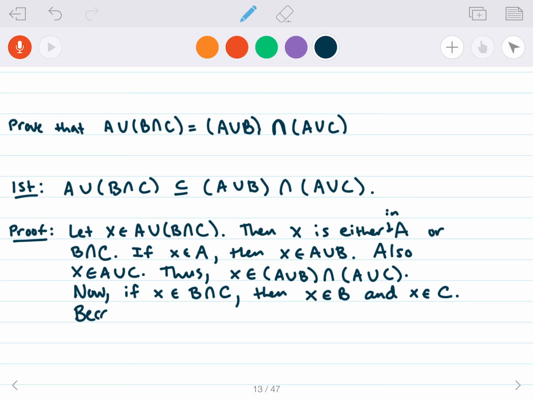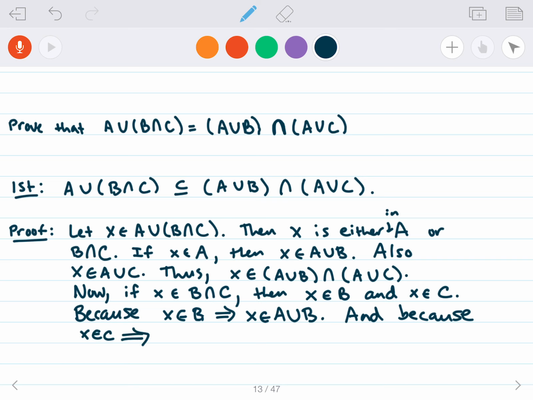Because X is in B, this implies that X is in A union B. And because X is in C, this means that X, well, what else did we need? We needed that piece as well. X is in the union of A and C.